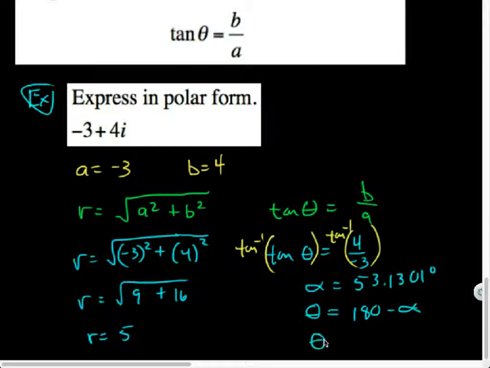Right, so I'll get theta equals 126.8699 degrees. And if I wanted to convert that to radians, I could just multiply by pi over 180. Or I could have just been working with radians from the get-go and just done pi minus alpha.